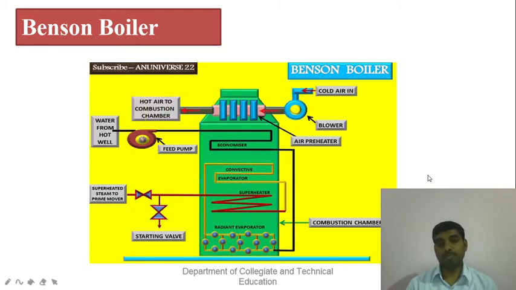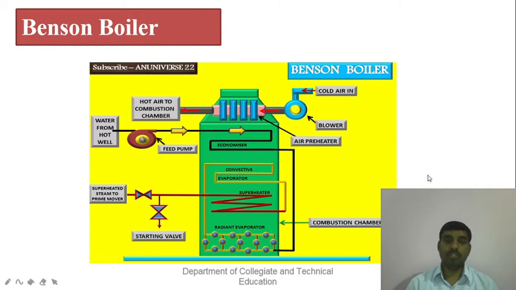From the air preheater, hot air is supplied to the combustion chamber, so it increases the efficiency of the boiler. And finally, now we can see the arrow. With the help of the arrow we can define the working of the Benson boiler.